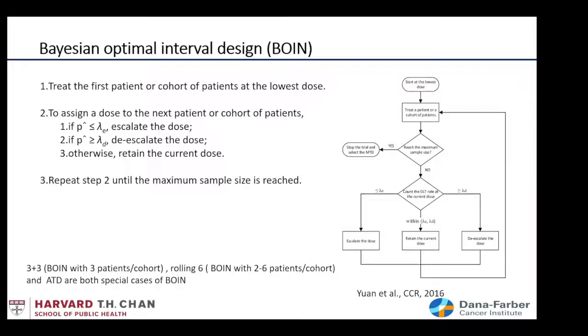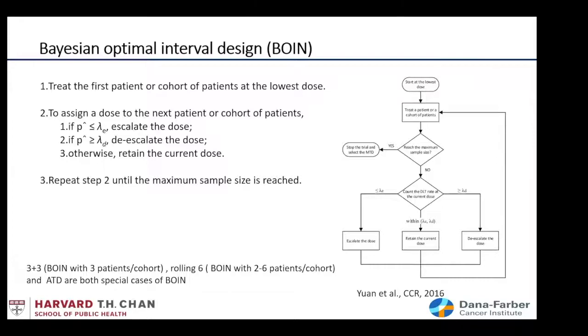If the observed DLT probability is smaller than the lower boundary of the pre-specified interval, then the decision is to escalate to the next dose level. If the observed DLT is higher than the upper boundary of the interval, then the decision is to de-escalate the dose level.